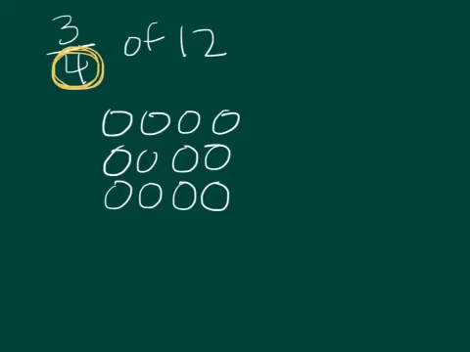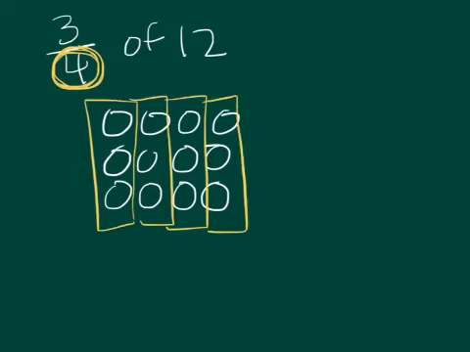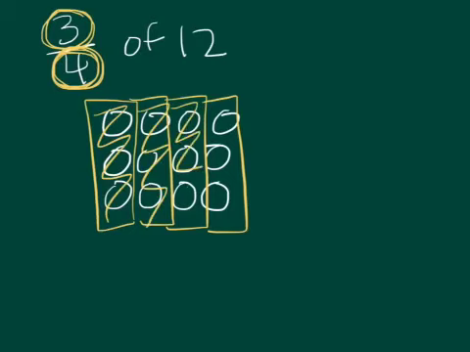And I have to divide it into how many pieces? 4. Okay, let's go ahead and divide it. Ready? 1, 2, 3, 4. But this time, instead of taking 1 out of the 4, I'm taking 3 out of the 4. So let's count it together. 1, 2, 3. And in the 3 pieces, I've captured how many cookies? Let's skip count them. 3, 6, 9. So I captured 9 cookies.